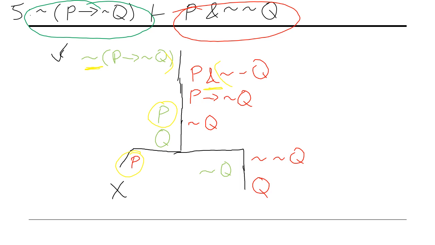Now I have a Q on the right, and I don't even have anything else. I don't have a P. I got a P on the left up here. Oh, and I got a Q on the left up here. Sorry, I got a Q on the right. I got a Q on the left. So that will close off there. And so this statement is also valid.